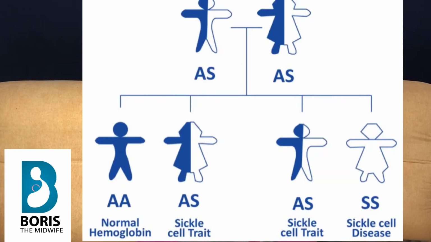There is a probability that at least one of their children will have the normal genotype, but there's also a probability that two of their children will have the sickle cell trait, and there's also a probability that at least one of their children will have sickle cell disease, that's the SS genotype. So this is where the problem lies.